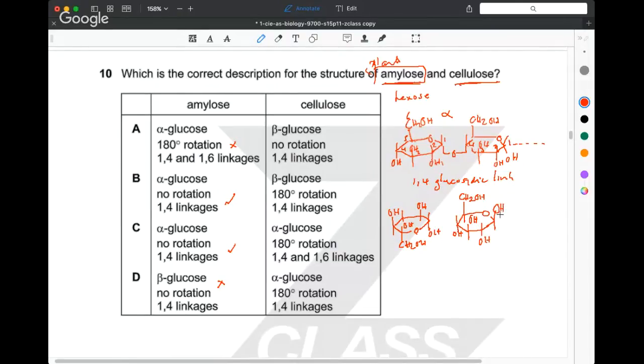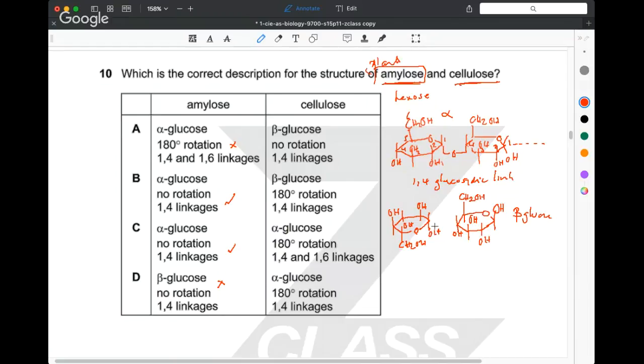Now that OH group is above the plane. You see it's above, it's on the same orientation as this carbon 6 over here. So that's no longer alpha glucose, but that's beta glucose, isn't it? Because you've got the OH group pointing upwards here, but you had it pointing downwards over here in the alpha glucose. So this is beta glucose.